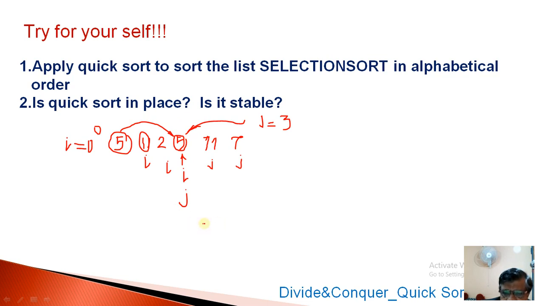So i dash will become 3 and j dash will become 0.